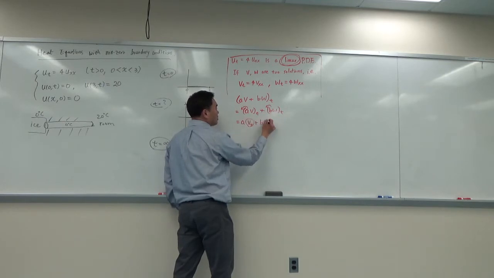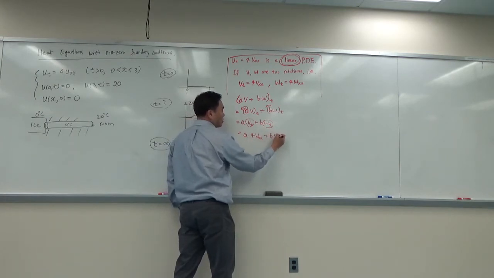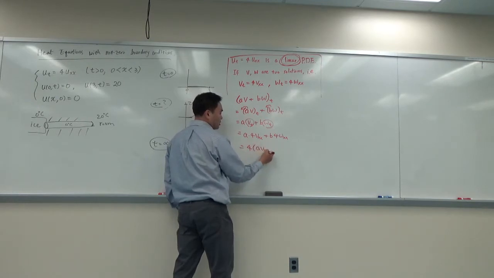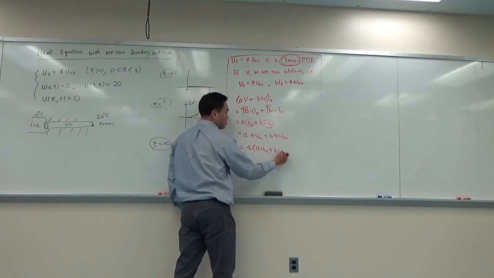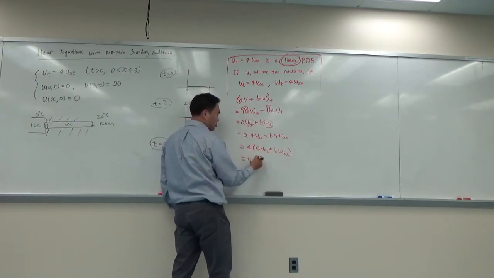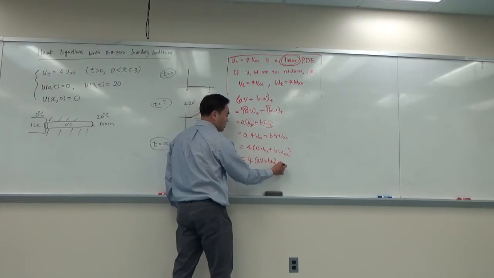And then these separately, because we have these identities, we know that this is a times 4v_xx plus b times 4w_xx. So that if you factor the 4 out and write it as a v_xx plus b times w_xx, then this can again be written as 4 times (av plus bw)_xx.